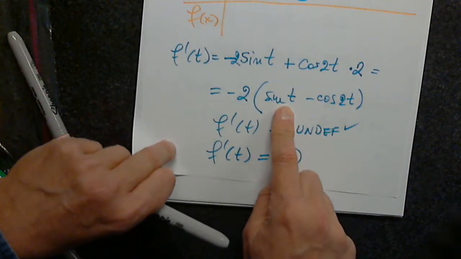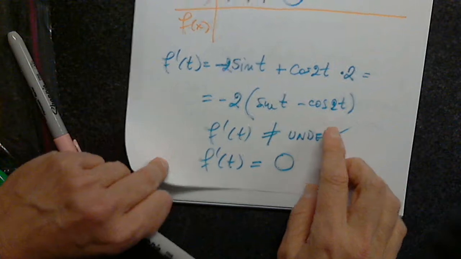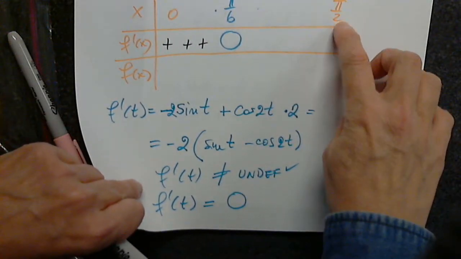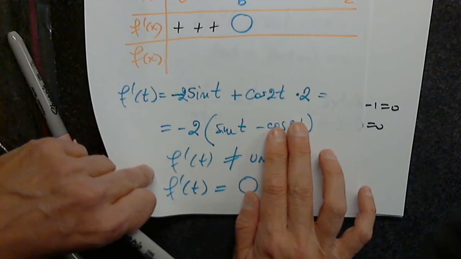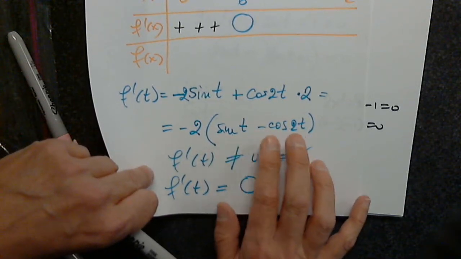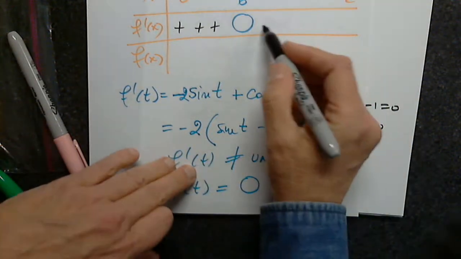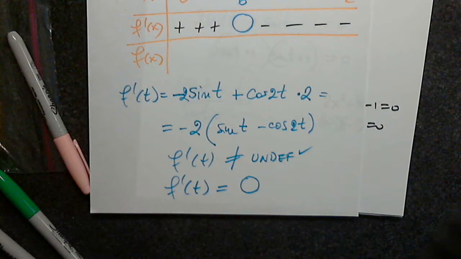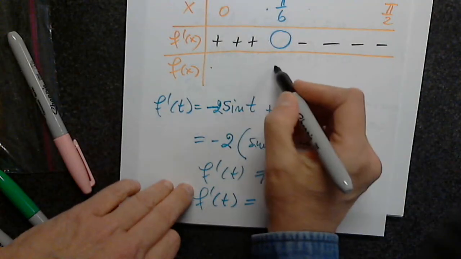Sine pi over 2 is 1. Cosine 2 times pi over 2 is cosine pi. How much is cosine pi? -1 times -1. How much is 1 plus 1? 2 times -2. Very good. I need these values.